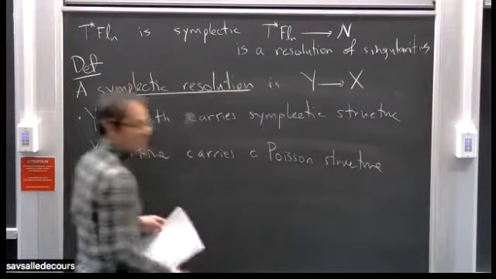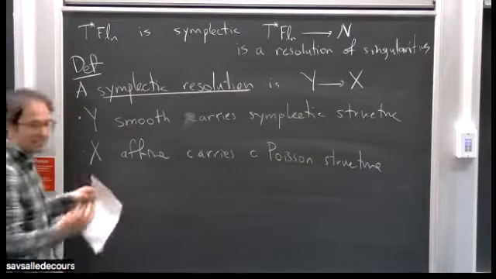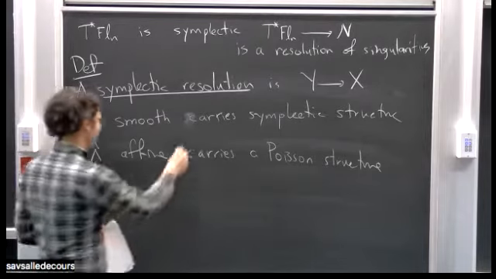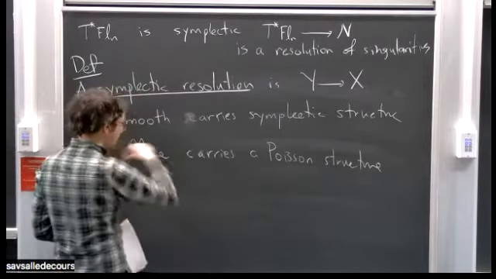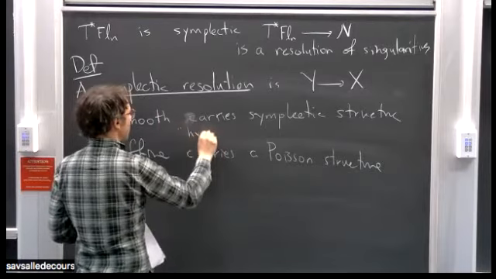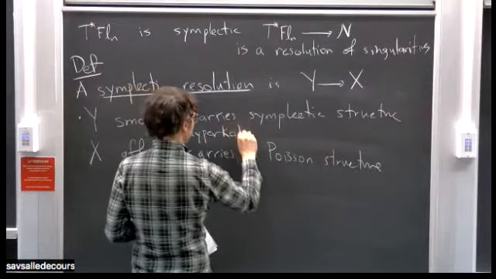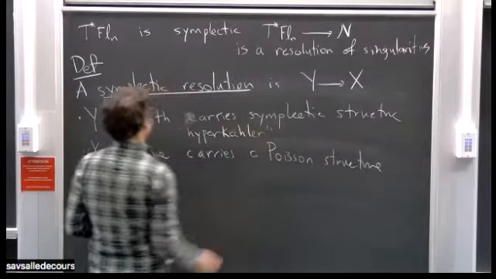Let me again emphasize that I always mean algebraic symplectic structure. From the differential geometry viewpoint, I know most of the audience are maybe differential geometers, usually this Y would carry a hyperkähler structure. I'm not going to speak about that today.